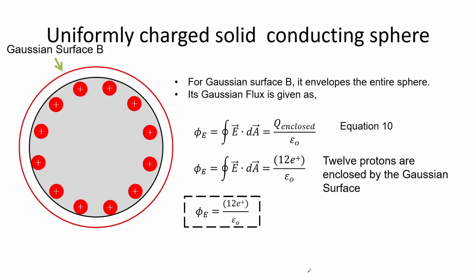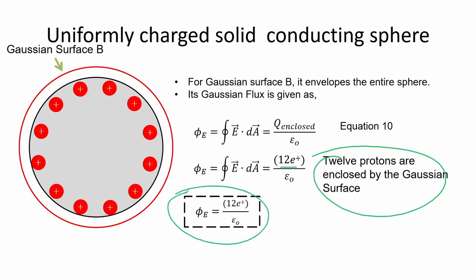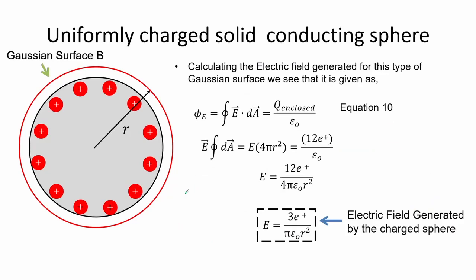If we use a Gaussian surface that encapsulates the entire solid conducting sphere as shown in the figure, the Gaussian flux is non-zero. The charge enclosed is equal to the number of protons contained, which is 12 protons. The electric field is also obtained using the same equation. We see that the electric field is non-zero as shown by the calculation here.